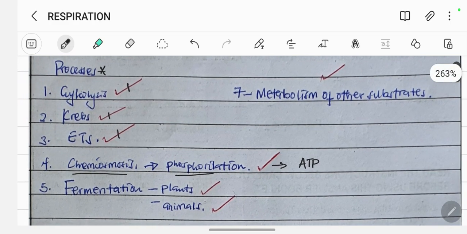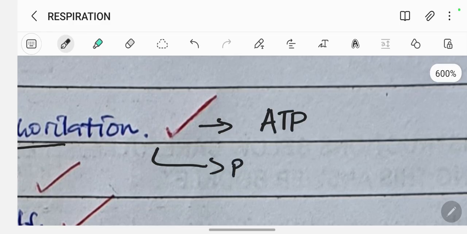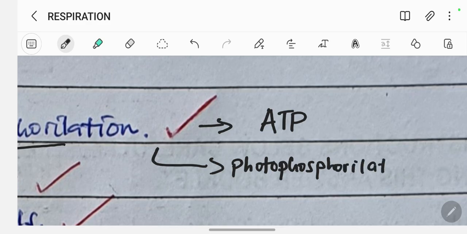So we shall look at another phosphorylation in photosynthesis, but that one is called photophosphorylation. It's having that word photo there, meaning light.